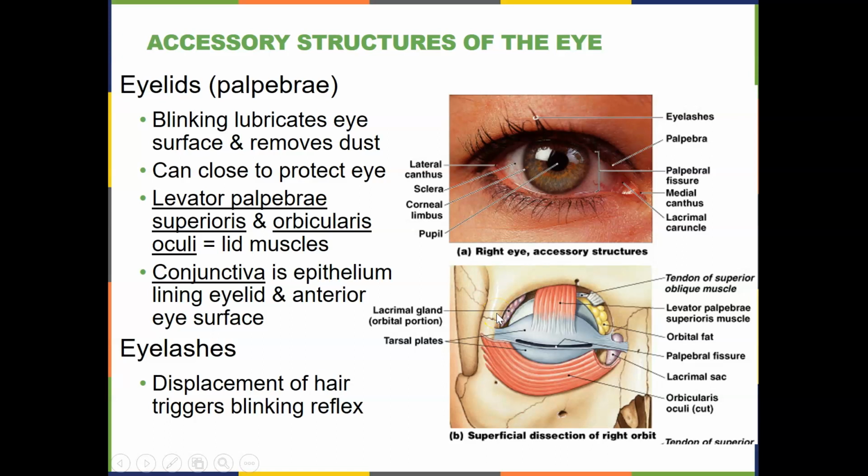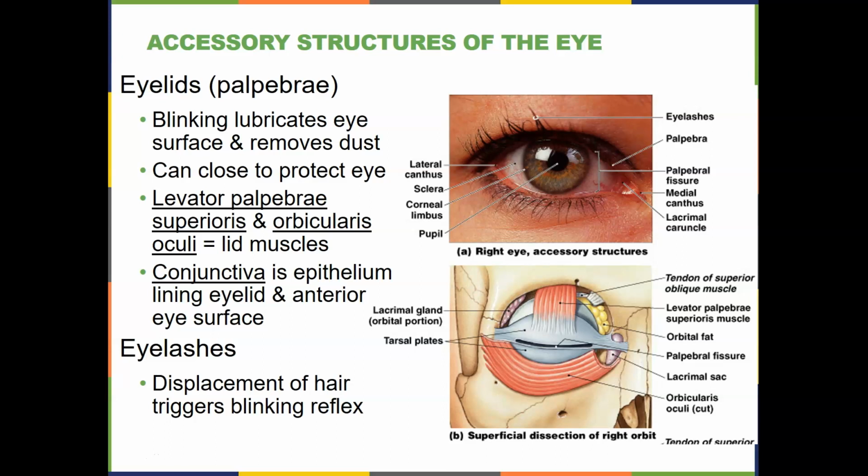So let's start with the accessory structures, the eyelids, or they're called the palpebrae formally, so that's something you might want to know for the exam. Blinking of the palpebrae helps bring tears or lubrication onto the surface of the eyeball. Of course, eyelids or palpebrae help protect the eye, and the muscles associated with the palpebrae are the levator palpebrae superioris and the orbicularis oculi, the eyelid muscle.